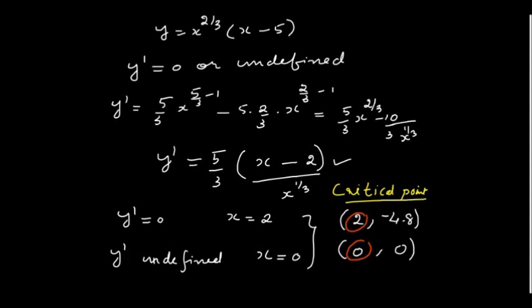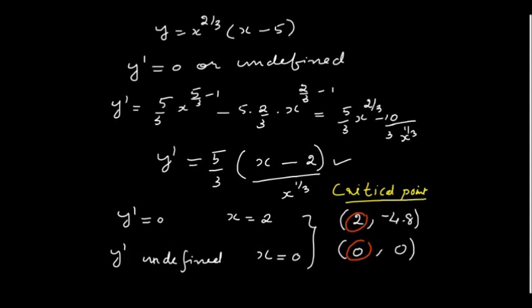And as x tends to a finite number, y should tend to plus or minus infinity, and that also will never happen. As x tends to a finite number, y also tends to a finite number. So in all the three cases, there is no chance for an asymptote for this curve.